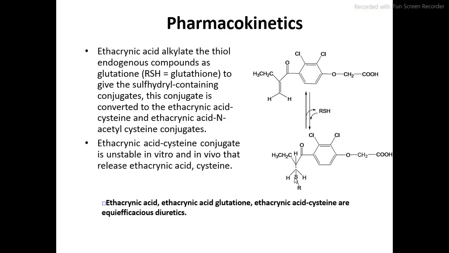These can be converted into ethacrynic acid cysteine and ethacrynic acid N-acetylcysteine conjugates, and it is considered an equilibrium as compared to other drug molecules. The ethacrynic acid cysteine conjugate is quite unstable in vitro and in vivo, and releases ethacrynic acid and cysteine.